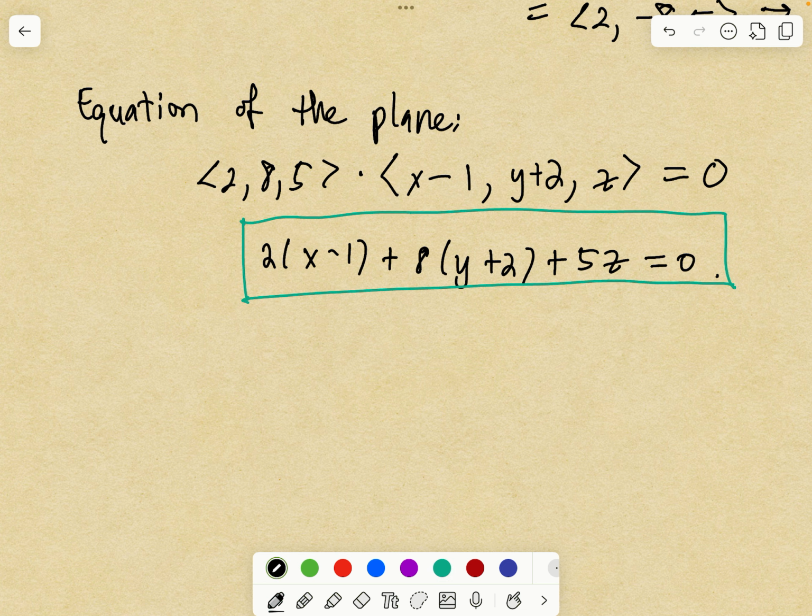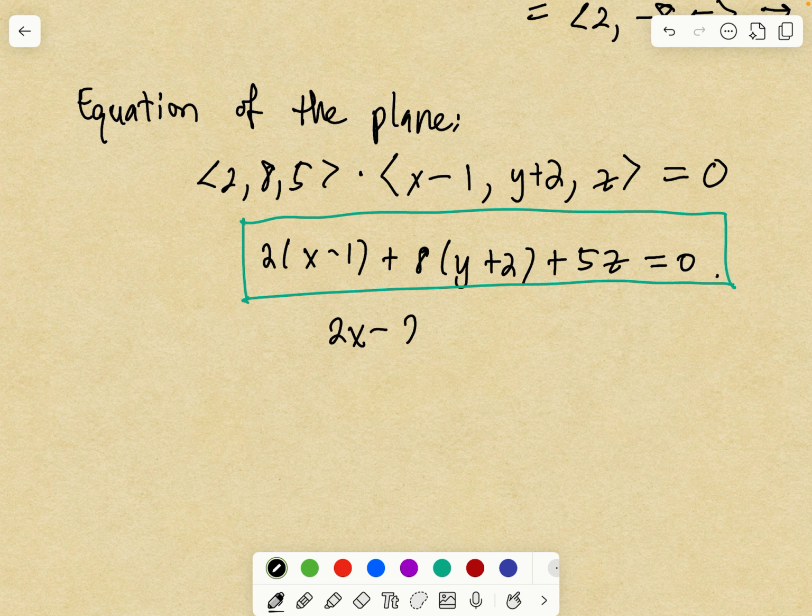But it's more standard, just like when you have, what is it called for the line, the point slope form. That's not very standard, right? Because if you have a different point, you're going to get a different equation. So it's more standard to write it in the form y equals mx plus b. In the same way, it's more standard to write an equation of a plane in the form ax plus by plus cz equals d. So let's write it like that.